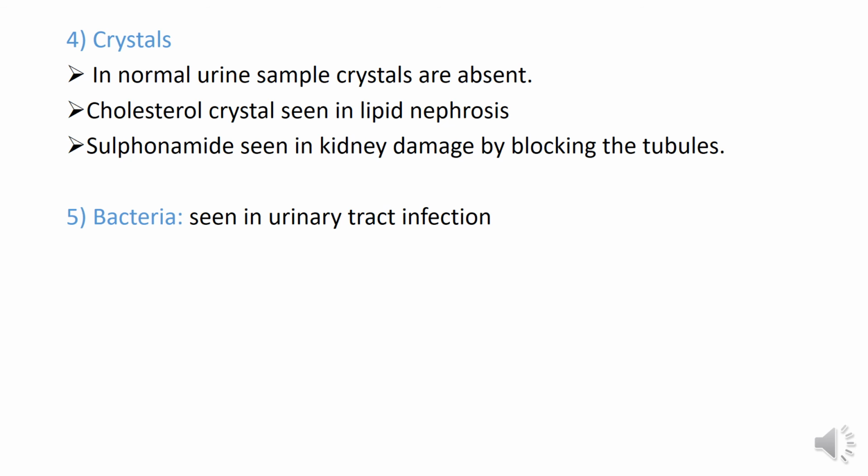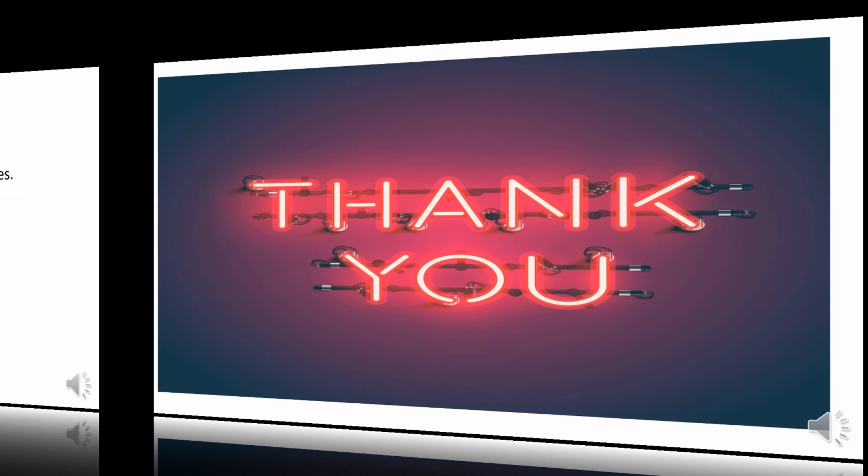Next is bacteria. Bacteria are usually not seen in a urine sample. They are seen if infection is occurring in the urinary tract. With the help of physical examination, chemical examination and microscopic examination, pathologists reach a final conclusion about which disease occurs due to which condition.